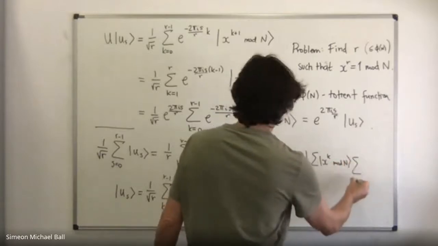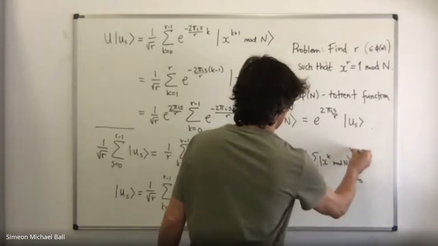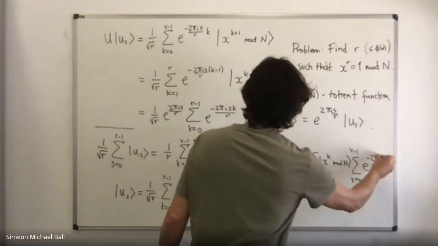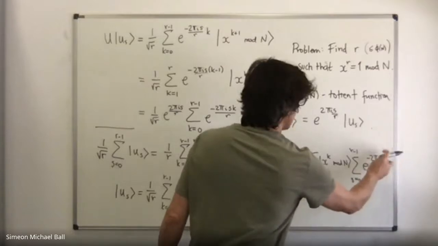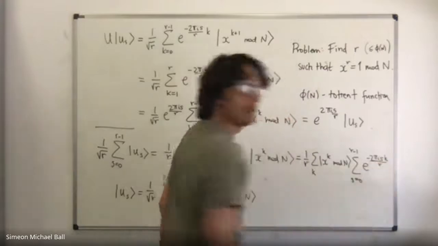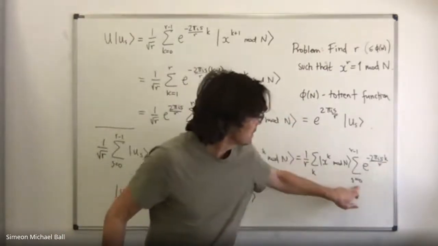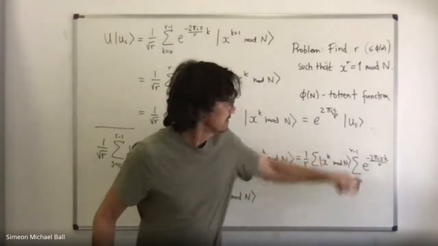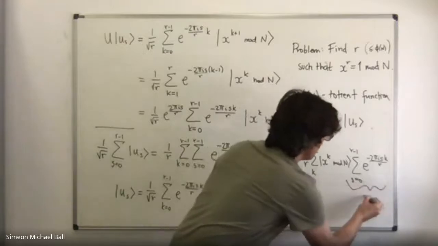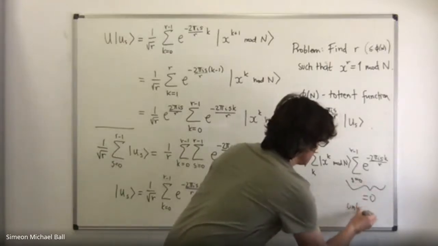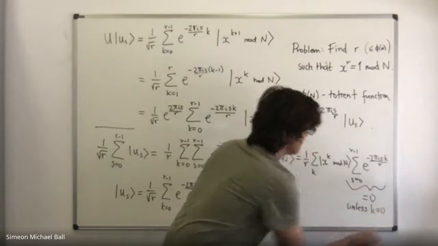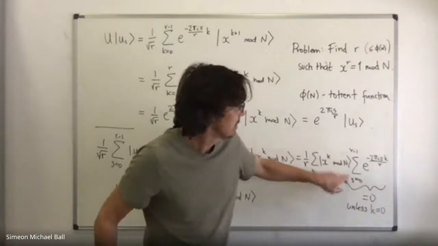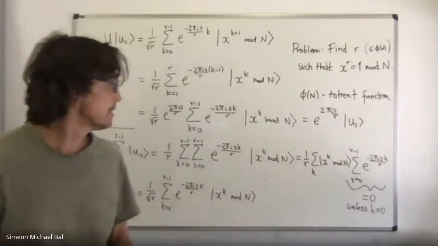And here I get the sum S is 0 to R minus 1 of, for the most part, distinct R-rooted unity. Unless this K is 0, this is just going to be 0. So here we have 0 unless K is 0, in which case we have 1, and we're summing 1 R times.